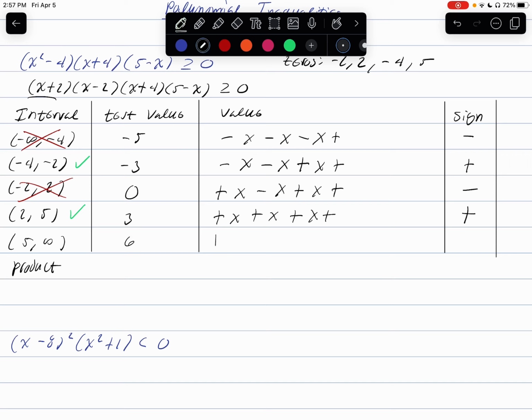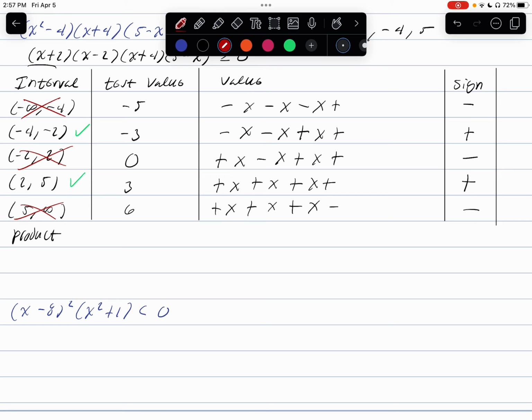So 6 plus 2 is positive. 6 minus 2 is positive. 6 plus 4 is positive. And then we have 5 minus 6, that's negative. So positive times positive times positive is positive, times a negative is negative. So this will not be part of our solution.